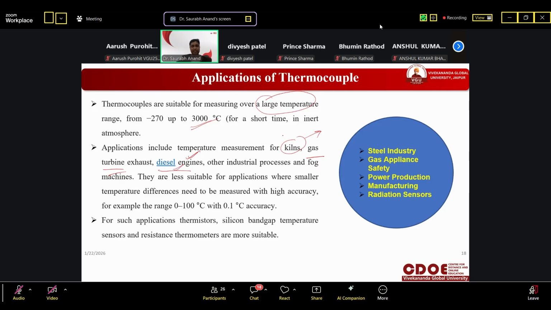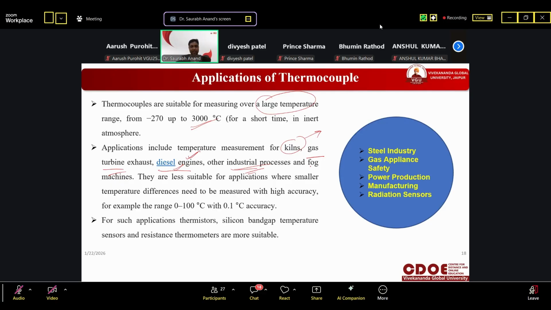And in industrial processes, because in industry there are so many processing steps, you might have heard that there was a blast in a factory. That blast is sometimes due to temperature, because we are not monitoring it. If it is getting more temperature, then there may be a blast, and there may be a big accident.